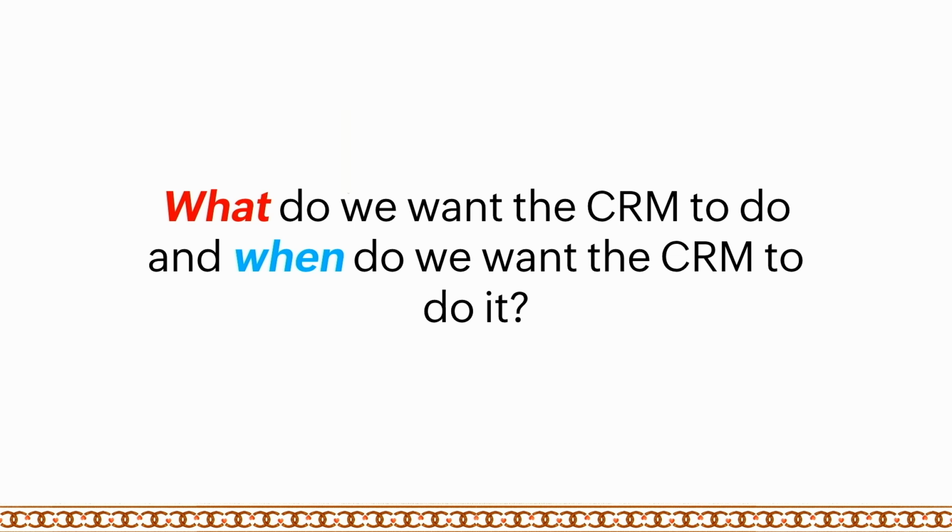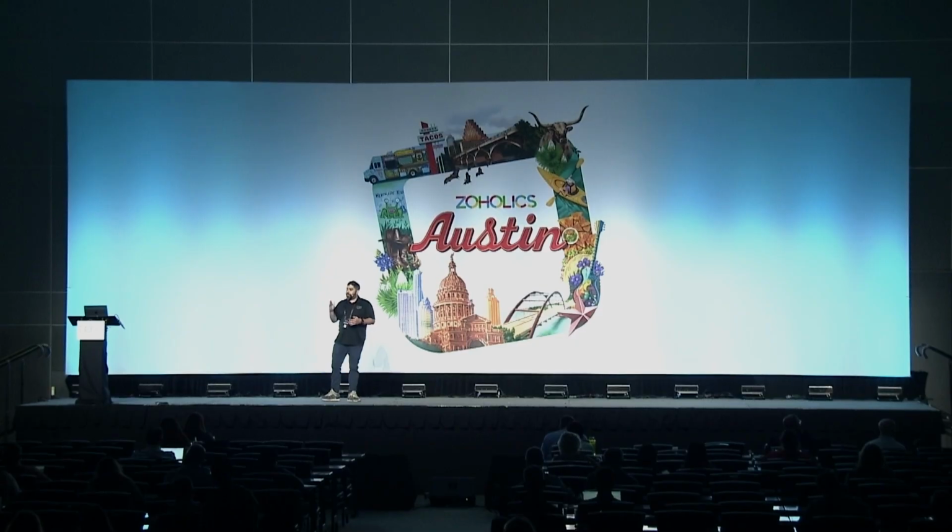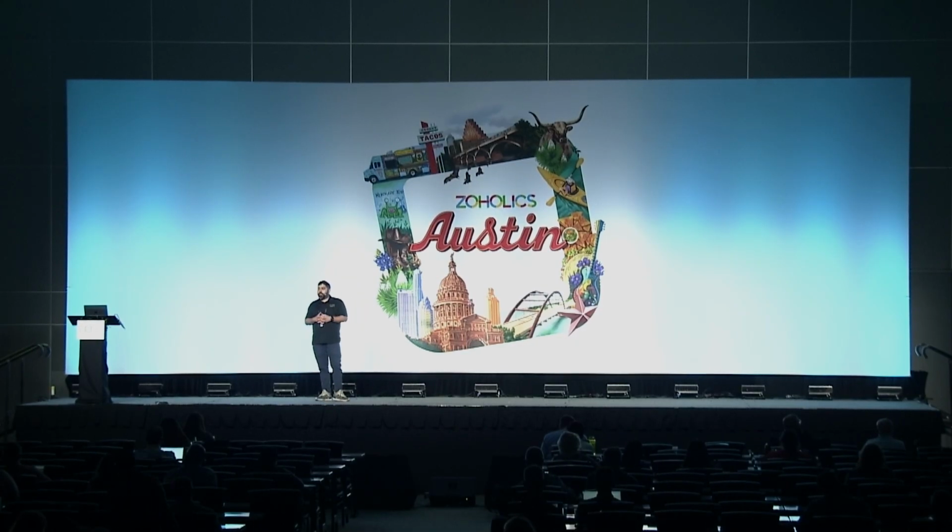And at what point in the process should that take place? And just by combining these two elements, you can really optimize your processes, improve sales, and also on top of that, it helps improve customer satisfaction. Because if you're helping out your customers in a timely fashion, they're going to be happy.